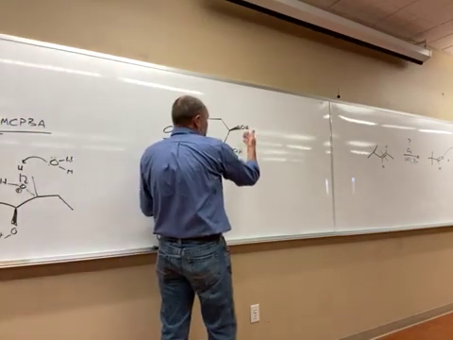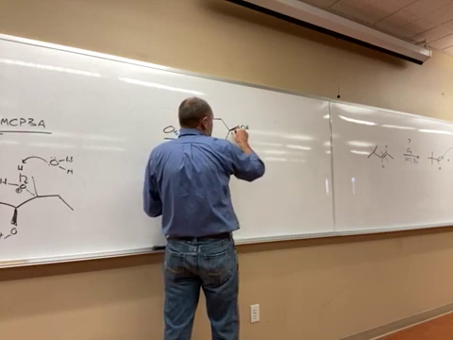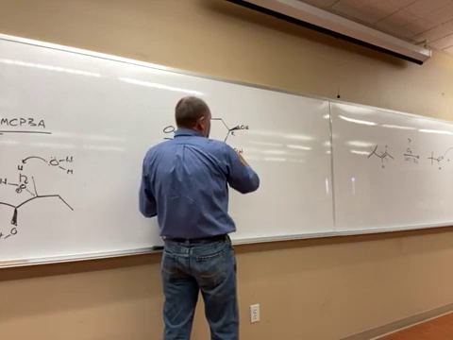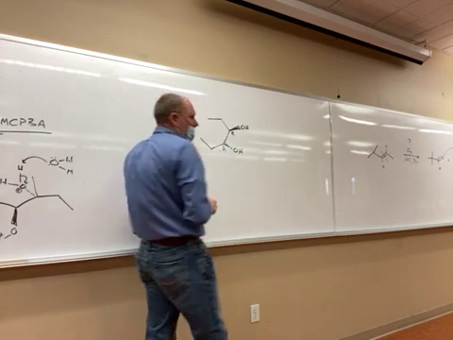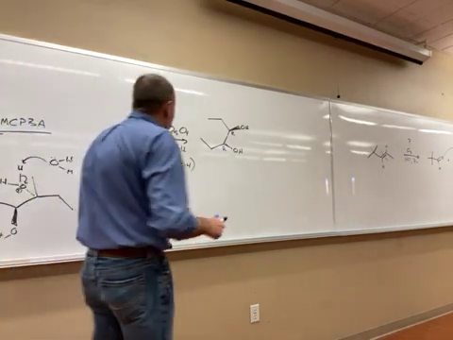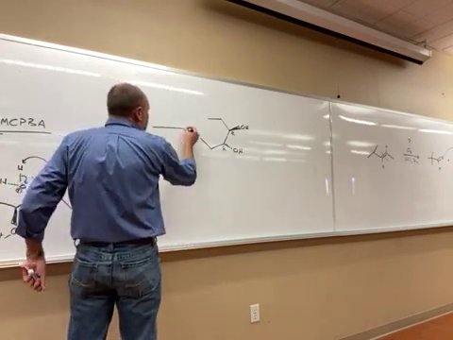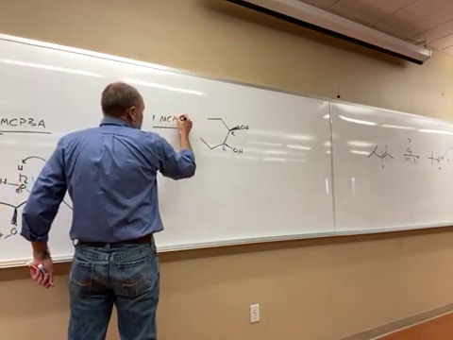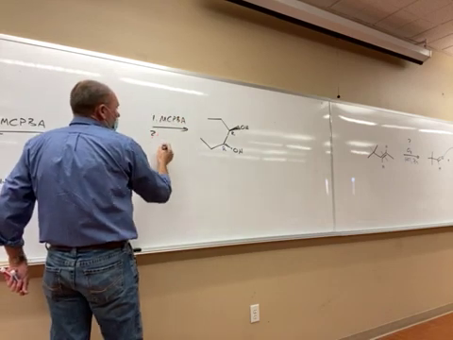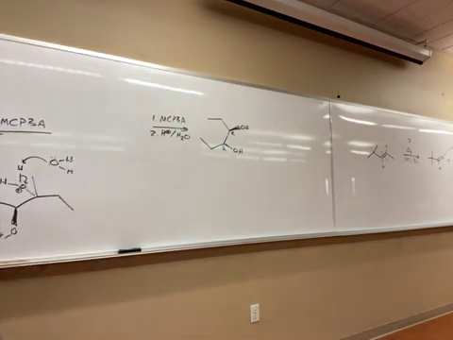So if we do our CIP rules, this is going to be an R. This one gave an S, not osmium. So mCPBA, metachloroperbenzoic acid, followed by acid, gives you an enantiomeric mixture of R and S. So you're going to get both of these out.